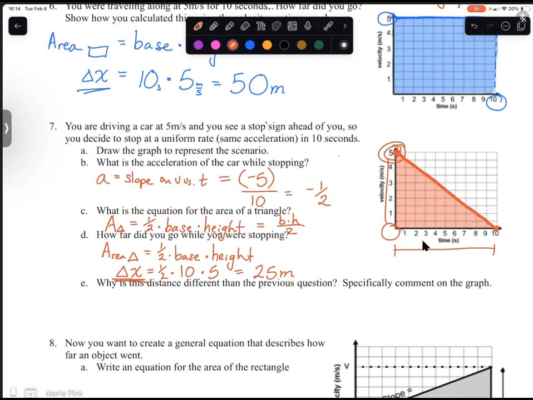So you have to make sure that you're paying attention to these triangles versus rectangles, that you're paying attention to when it's going at a constant speed versus when it's speeding up or slowing down, because you will get very different answers. And specifically, if I want to comment on the graph, I can say the area of a rectangle is twice as big as the area of a triangle.